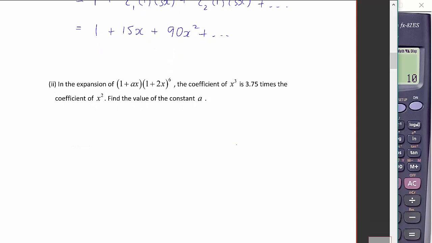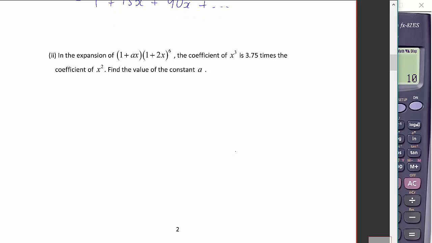And then finally we have this expansion here, 1 plus ax, 1 plus 2x to the 6. The coefficient of x cubed is 3.75 times the coefficient of x. We want to find the value of a. So we've got 1 plus ax. Now, if we're going up as far as x cubed, we're going to need to expand this as far as x cubed.